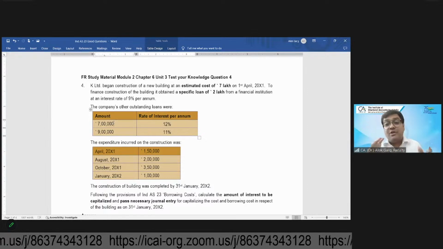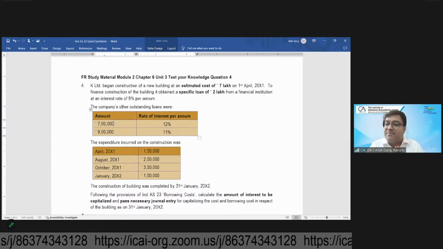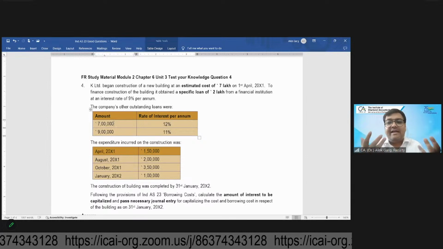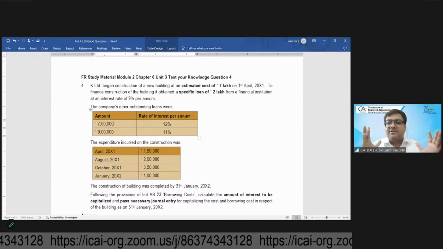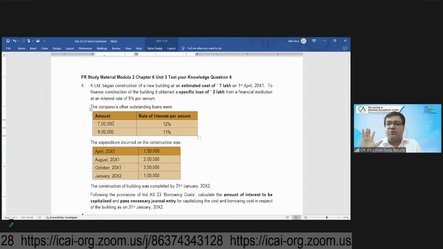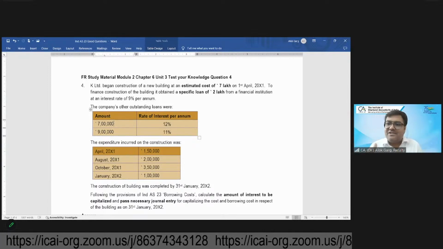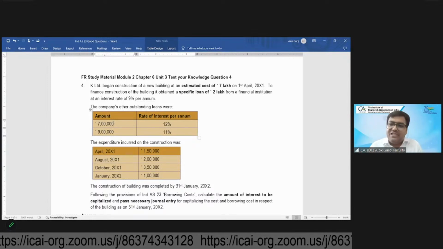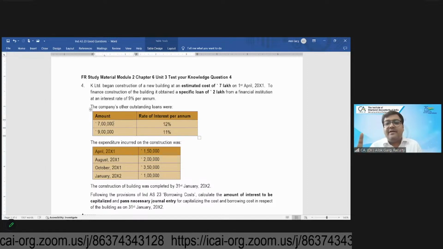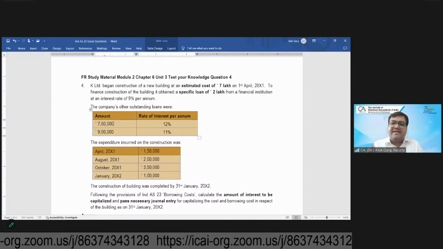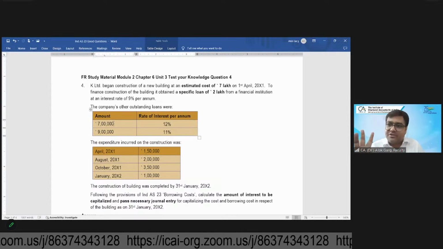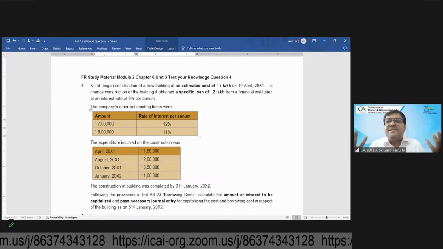Yes, sir. So that is why in case of specific borrowing, the specific purpose was the construction, and hence the cost of the borrowing was capitalized for the entire amount of loan. Doesn't matter if you have utilized, not utilized, or utilized partially, or for a small amount of time. It has to be capitalized till the time the asset is ready for use. Correct. But for the general borrowing, the purpose is general.